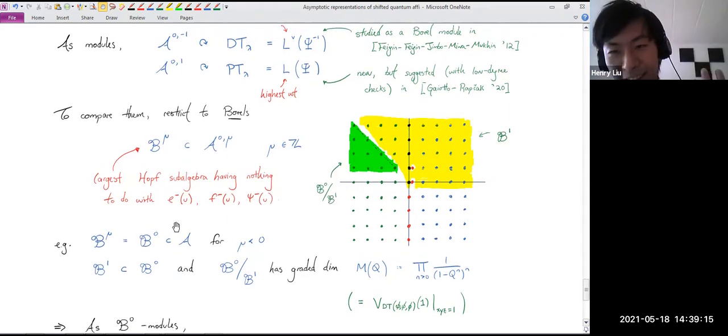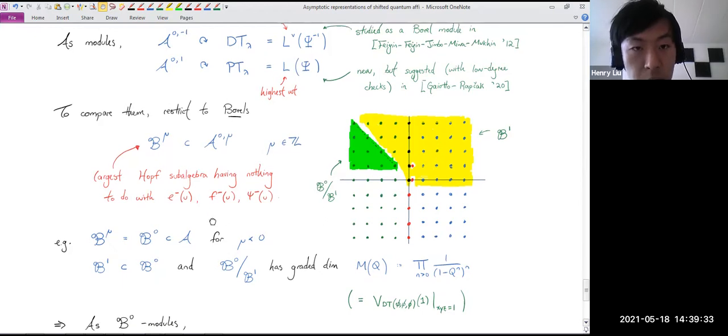Okay, so now that we're all quite confused about how mu shifted Borels work, maybe I'll now say how to compare the DT and PT modules. So first we restrict to their respective shifted Borels. DT lambda will be a module for B minus 1, and PT lambda will be a module for B1.